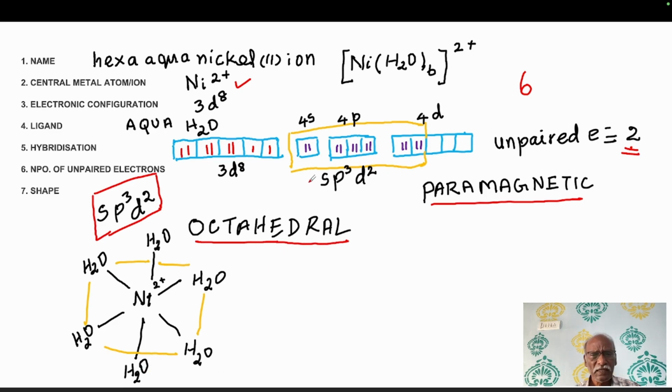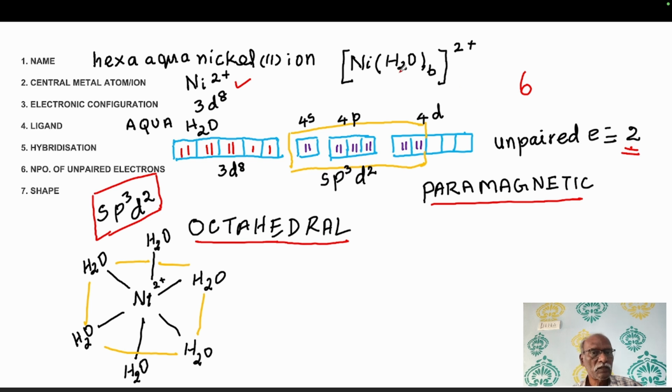Okay, here the hybridization is sp3d2 and it is octahedral in shape. It has 2 unpaired electrons. That's why we call it a paramagnetic compound. This compound is paramagnetic, supported by experimental result.